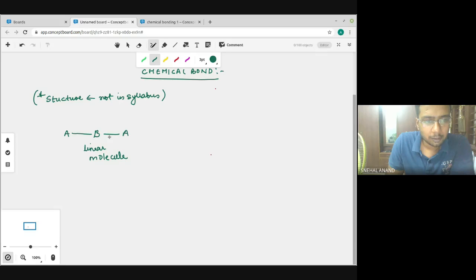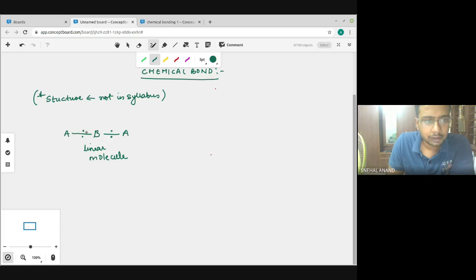Now, it is not just the bond, it is about the electron pairs. Each bond consists of an electron pair. So there are two electron pairs, and they will try to be at maximum distance from each other. And the best possibility is to have a straight line.